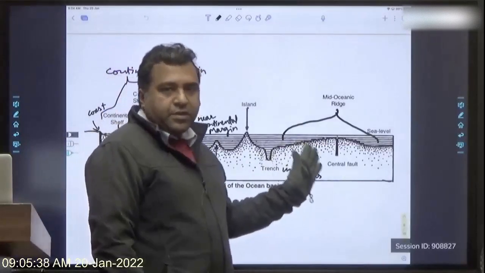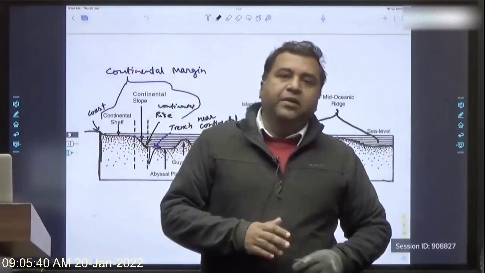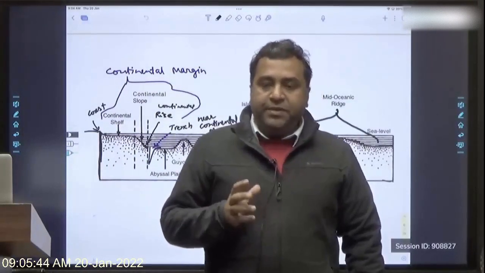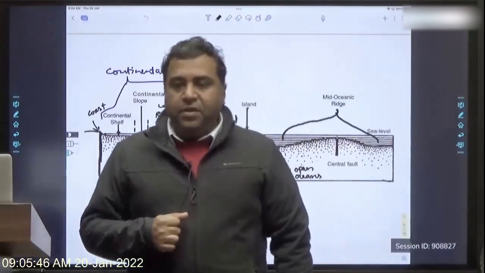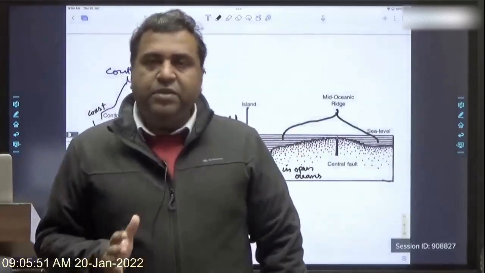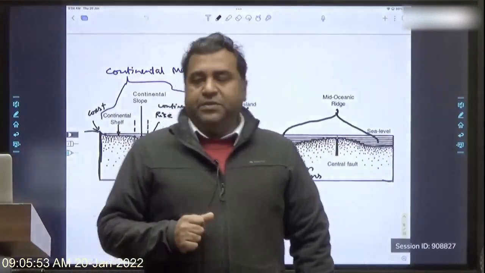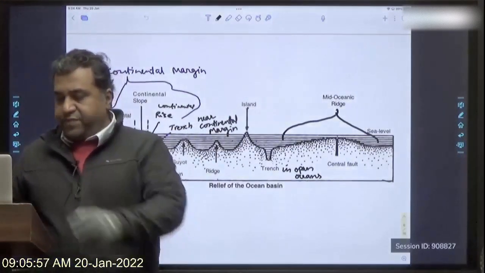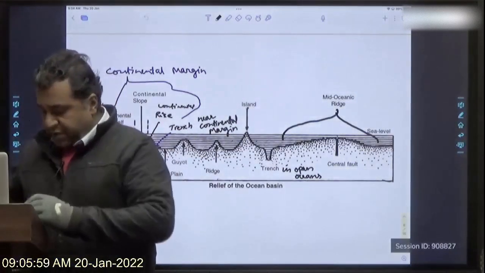So many features were already existing there. And then the next question was how were these features formed? I think this is exactly where we left. So we didn't answer the question how they were formed, but we saw that there were these features. Hopefully this much is clear to all of us, no major doubts.